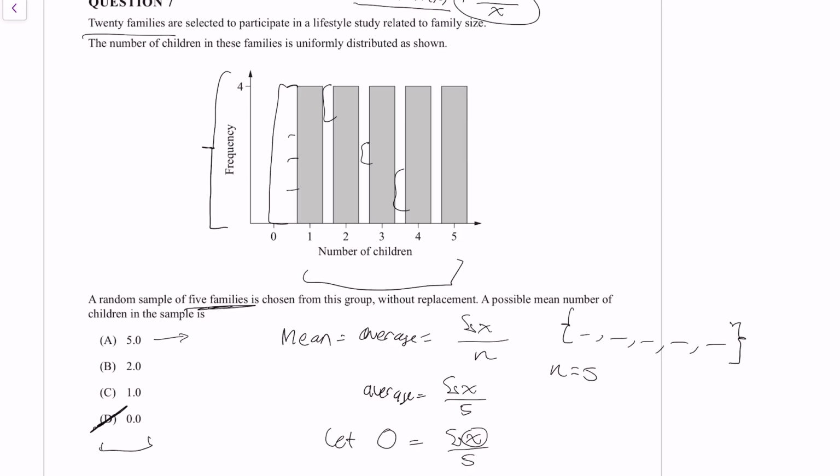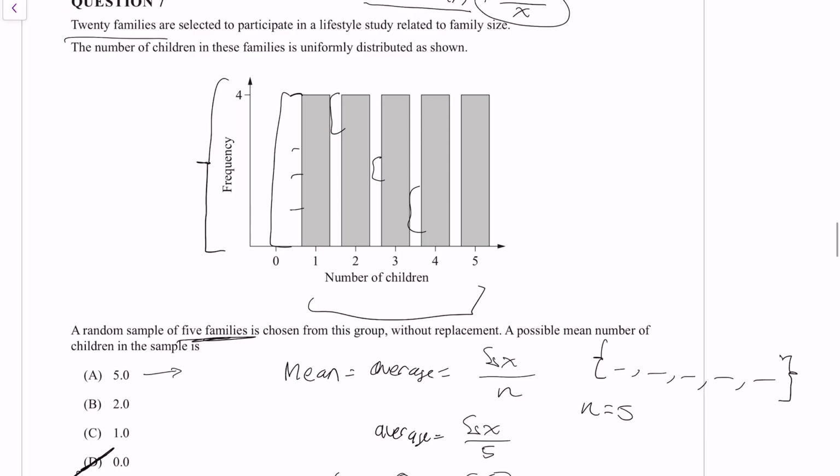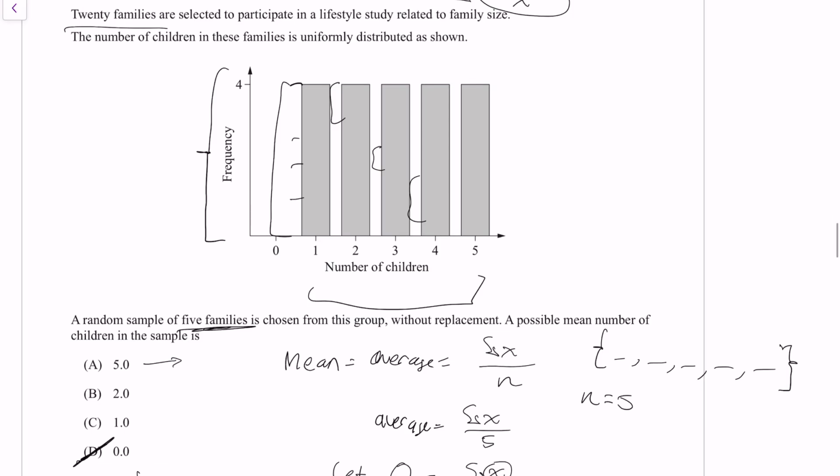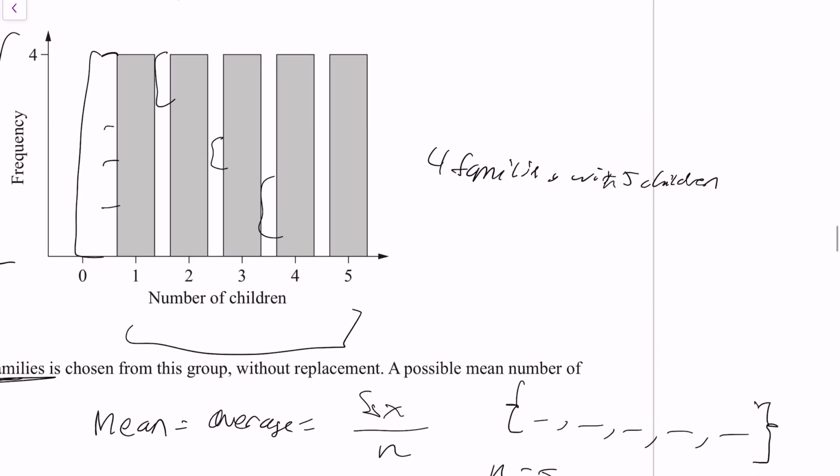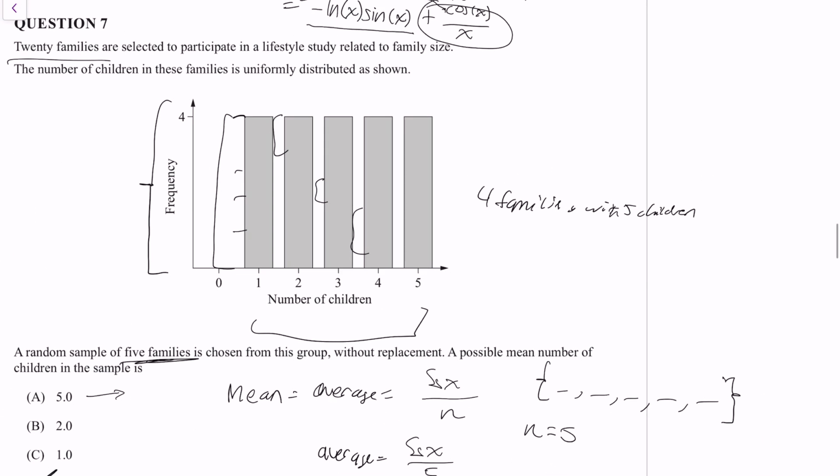Let's imagine we find the combination of 5 families that gives the most children. So we have 4 families with 5 children. How many children in total, which is the x value? It's just 4 times 5, right? It's 20. But we only have a maximum of 4 in the frequency of 5 children in a family.